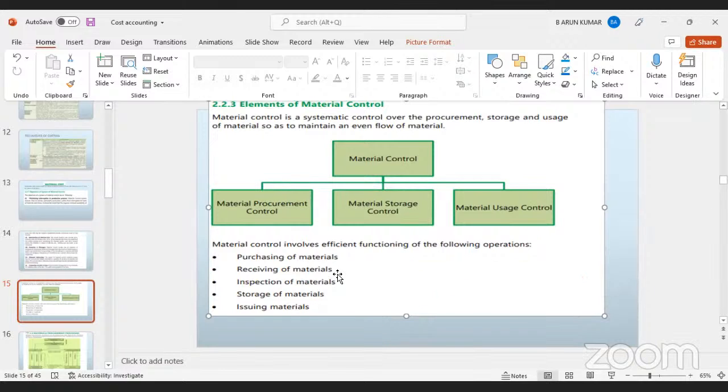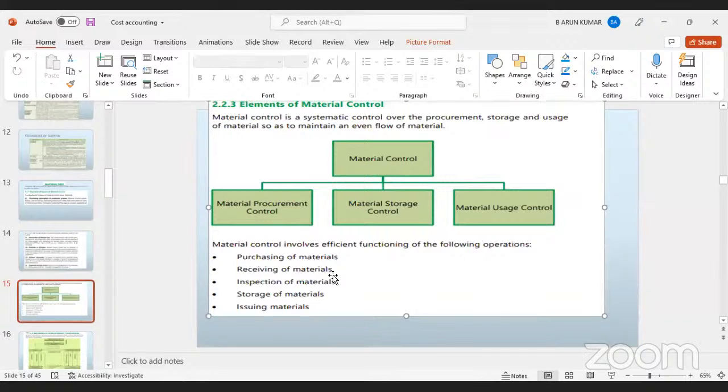In the process of purchasing material, different stages are involved. First one is purchasing of material. How much quantity we want to produce within 1 month or within 1 year, we estimate before producing the products. Based on that requirement, we purchase the material.